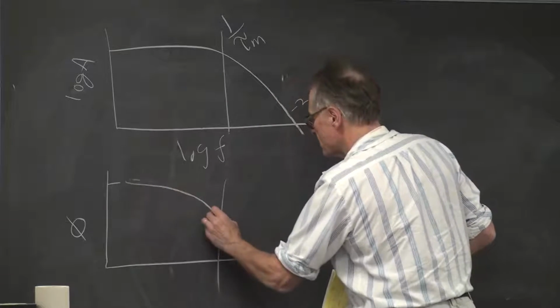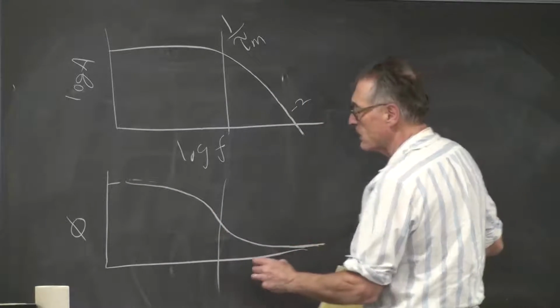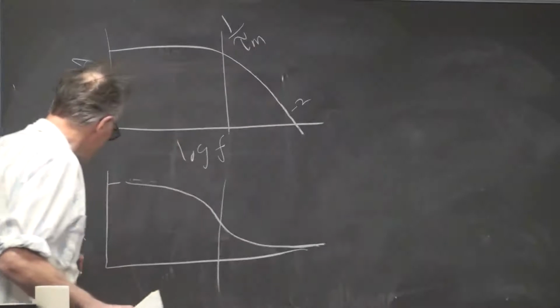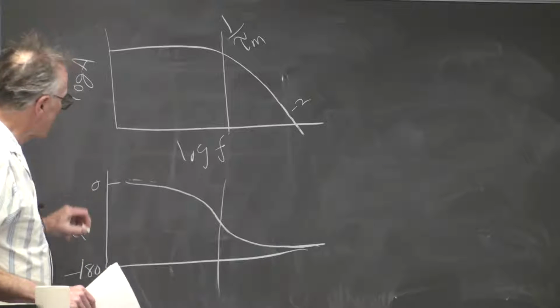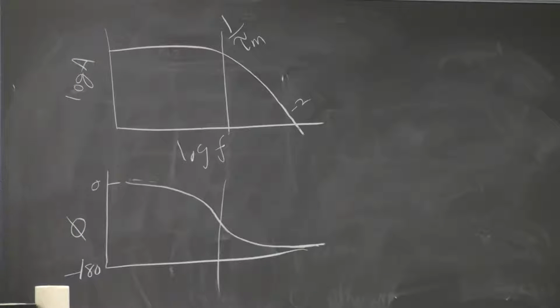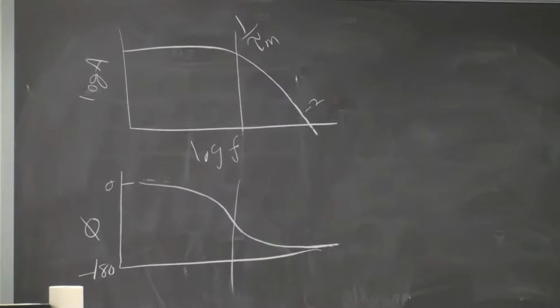At the time constant, we're going to have some phase shift. And we're going to go as high as a phase shift of -180 degrees and start at 0 at low frequencies. So an asymptotic slope of -2 suggests that there's going to be a phase shift of 180 degrees at high frequencies. And we're going to motivate that in just a minute.